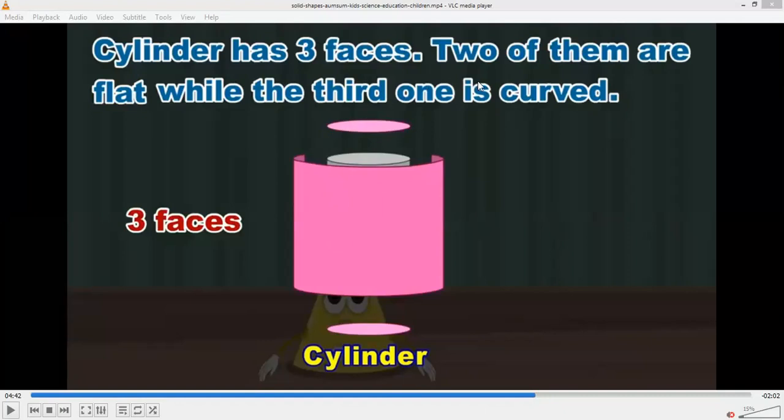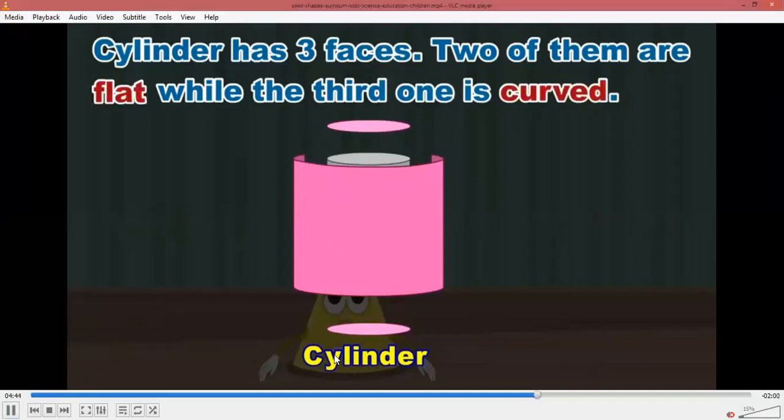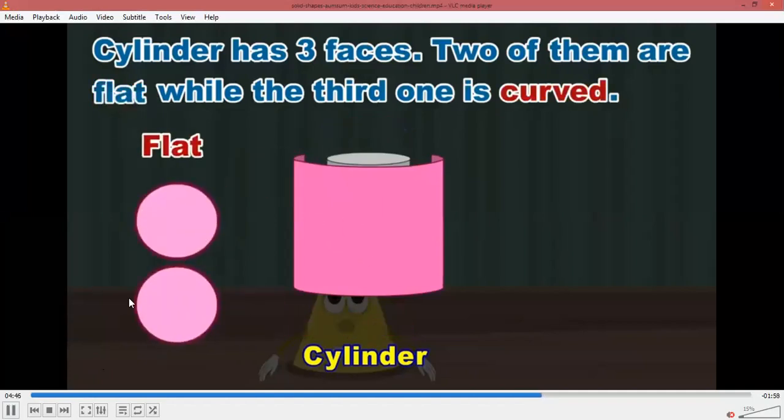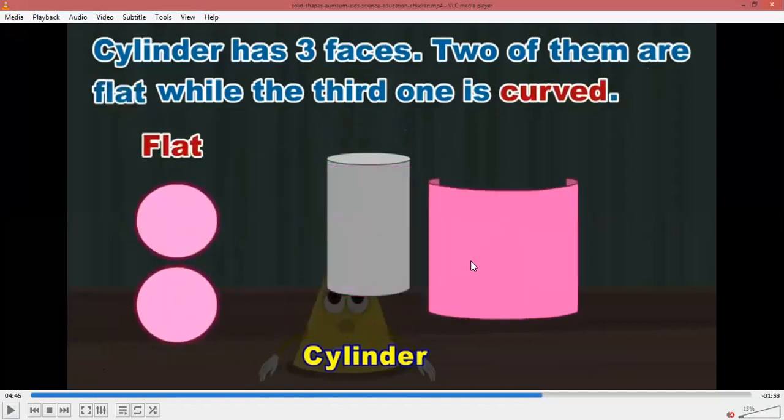So the cylinder has three faces. Two of them are flat while the third one is curved. Look here, which is flat and which is curved. These two faces are flat and this one is curved.